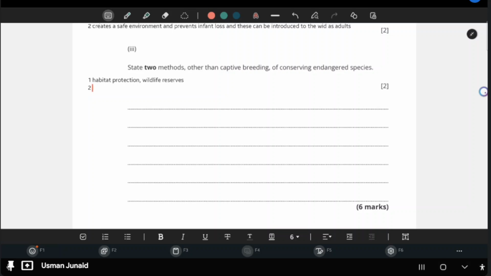Keeping habitats protected. Now other than this, you can protect them from poaching, which is illegal hunting. Okay.